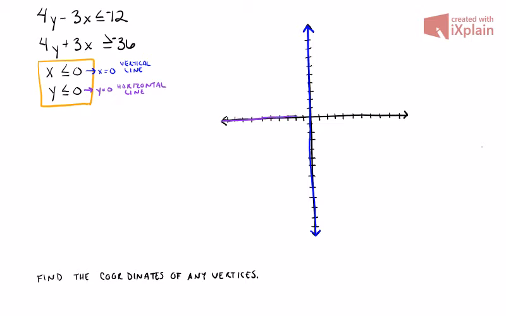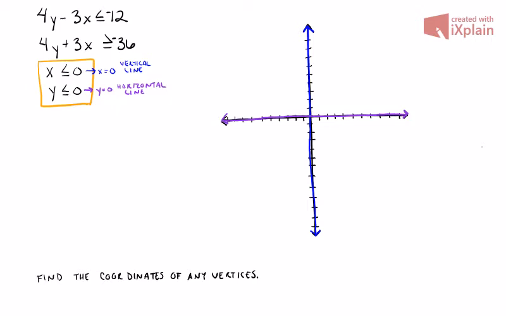This one, you might be thinking, is it resting directly on the x-axis? That would be correct, because any coordinate point that we pick off of the x-axis is automatically going to have a y value equal to 0.